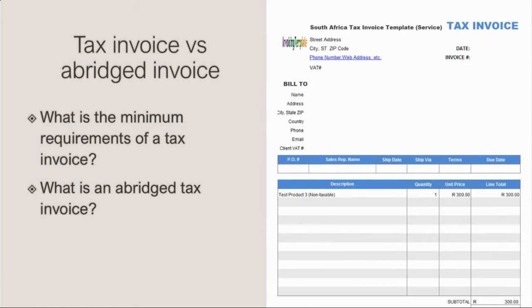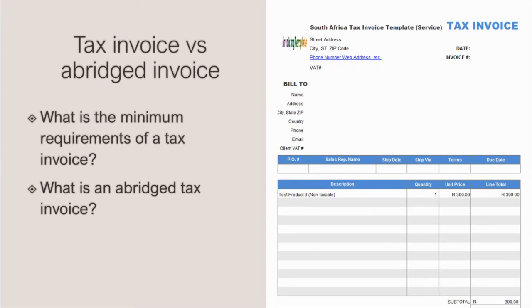Okay, so that is how a lot of businesses have tried to overcome this exception. So instead of having them manually fix this on the invoice for me, they can just pull the information. But the general rule is any invoice under 5,000 Rand does not have to have the name, address, and VAT number of your buyer.